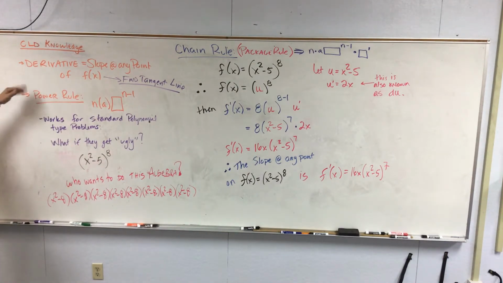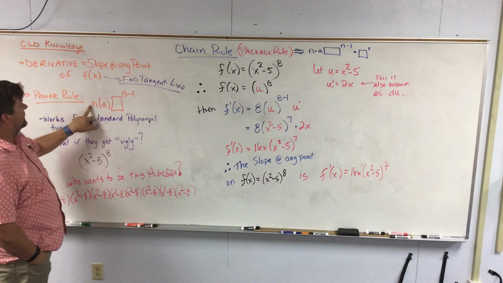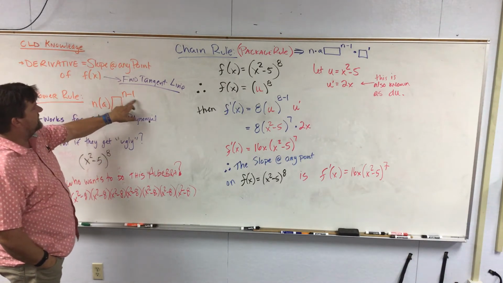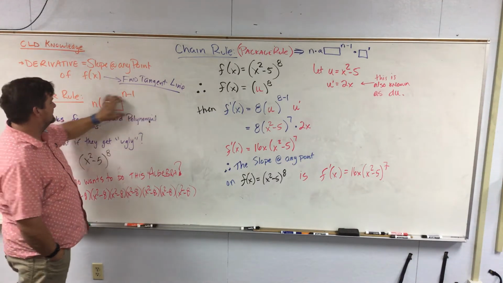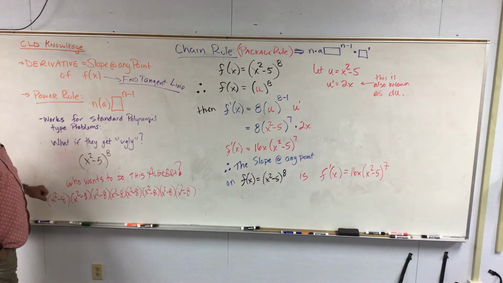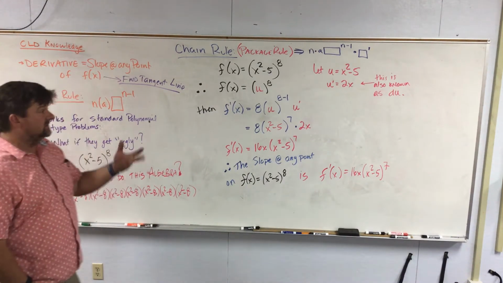And then you were taught the limit definition, which we need to know, but we don't use it all the time. And then we have the power rule: multiply your power to the front, to the coefficient, and subtract the power by 1 on anything in a standard polynomial form. That's how we got our answers on the worksheets for the tangent line and the normal line.